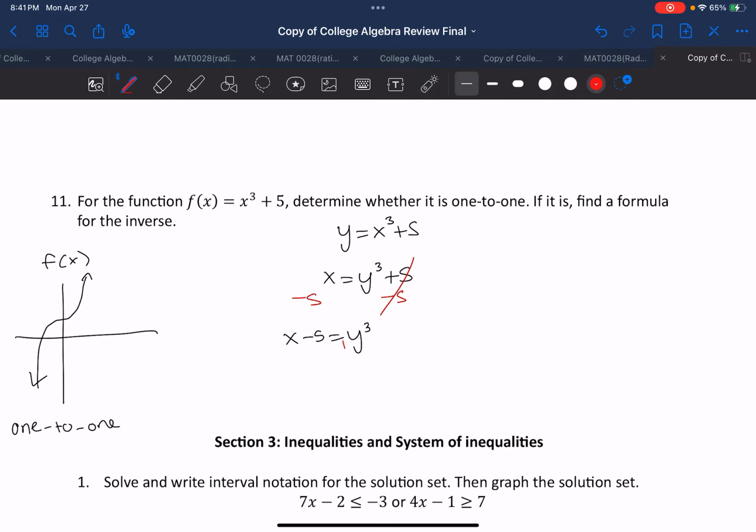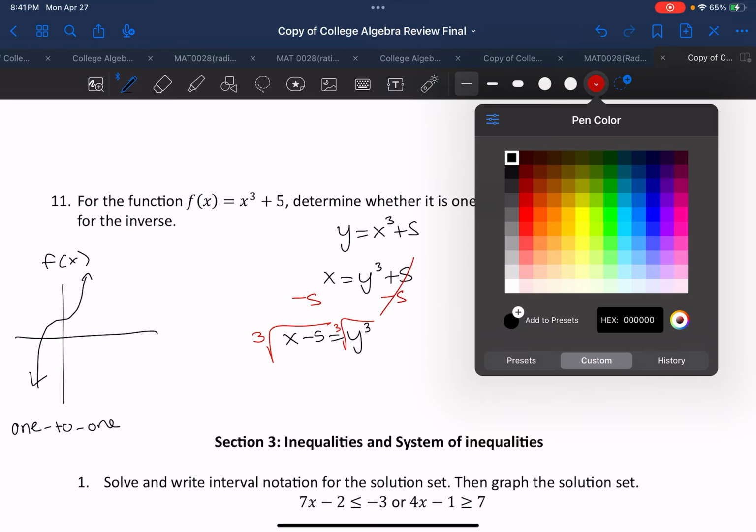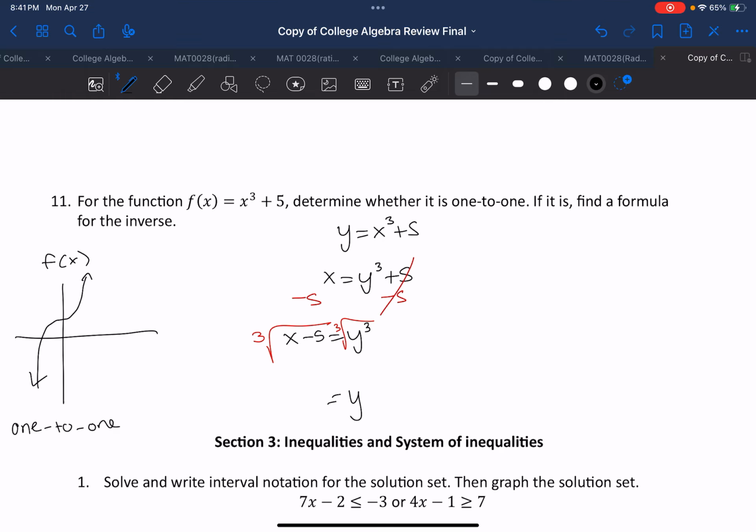And then you need to take the cube root of both sides. So y would be equal to the cube root of x minus 5. Last step, I need to replace y with the inverse notation. So that would be the answer.